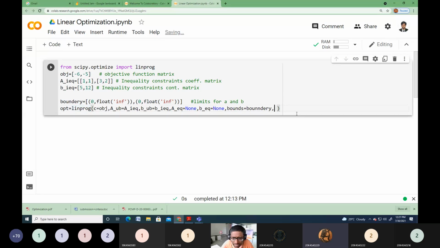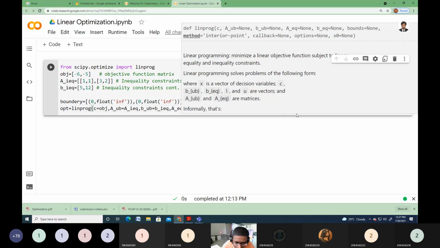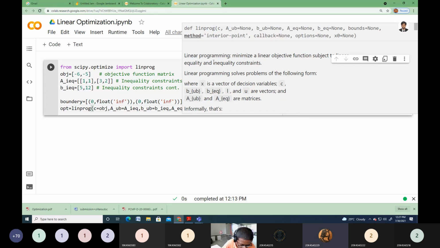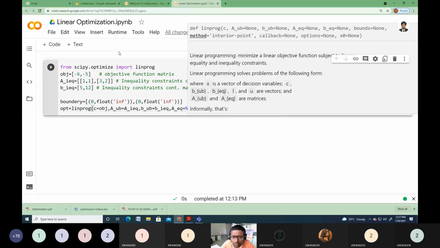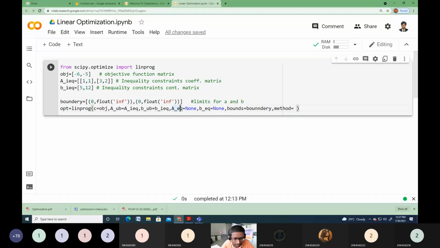So finally we have to call the method. As I told in the previous class, we have different methods: simplex method, interior point method, dual simplex method. So you have to pass any one method.